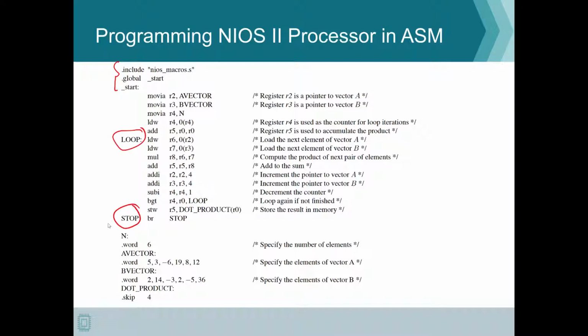These are all labels, and similarly anything that starts with a dot is called an assembly directive. Here again you have labels, and in this example we have two arrays or two vectors, vector A and vector B, and this particular algorithm performs a dot product of these two vectors.